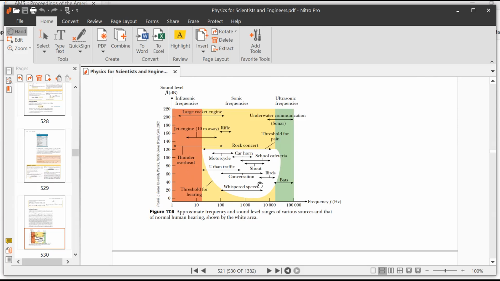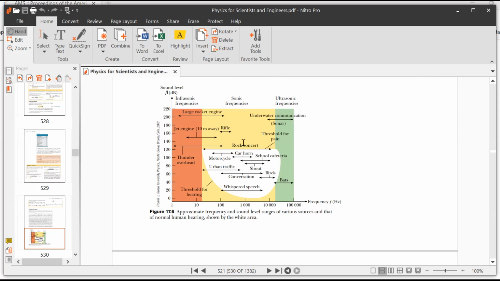So this is the threshold of hearing, the threshold for hearing, and this is the bats here.